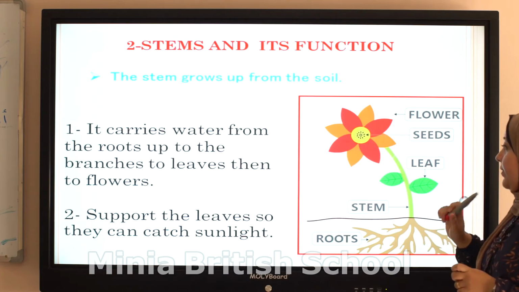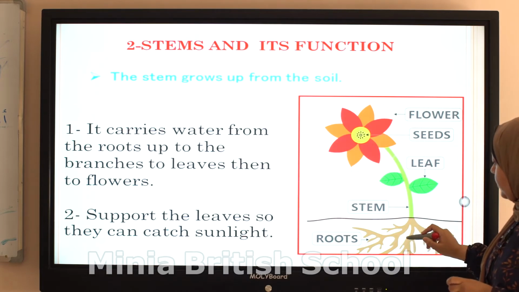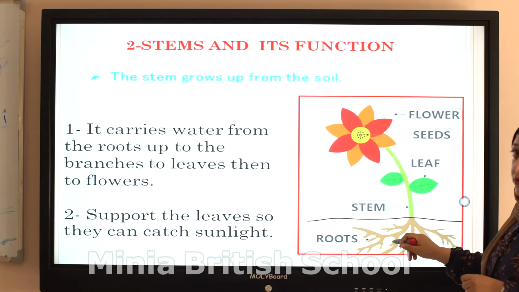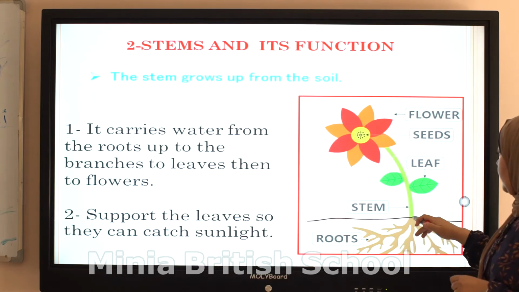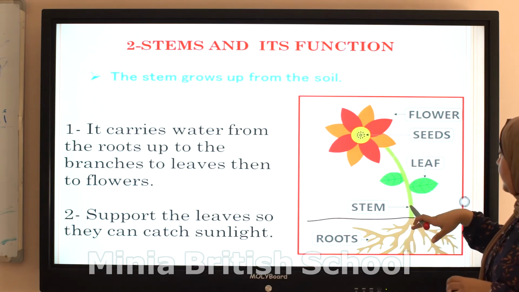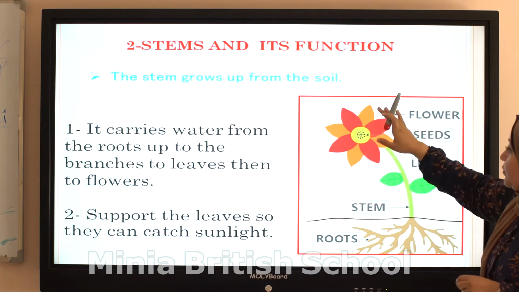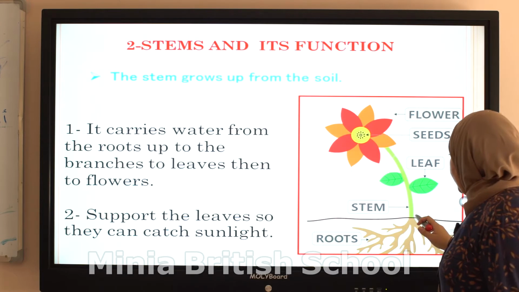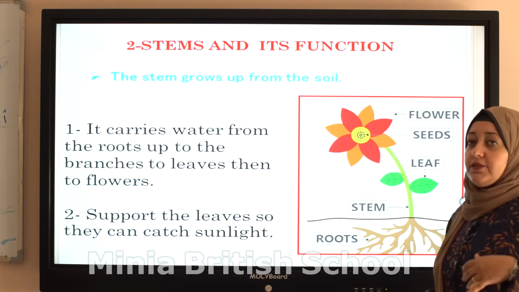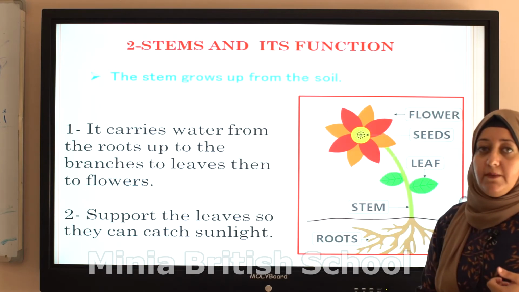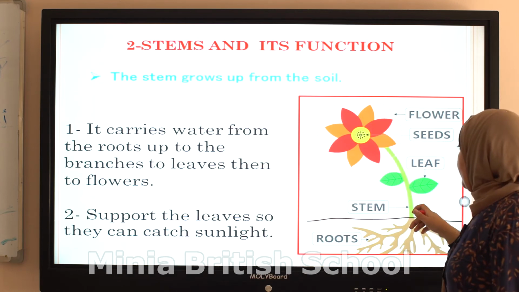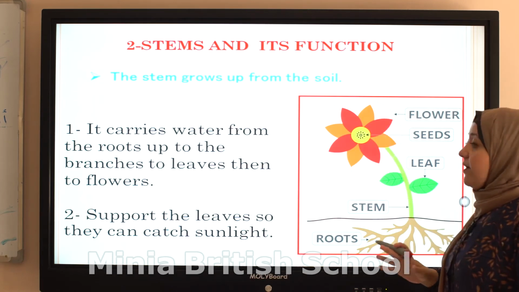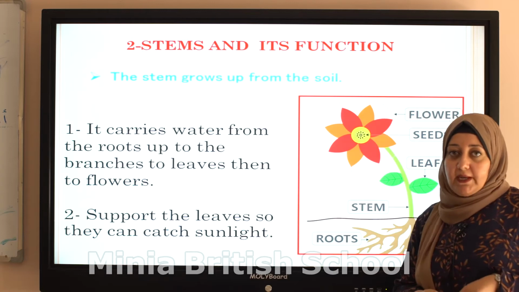So when the water goes up in the roots, how can this water go up to the other parts? This can happen by the stem. So the function of the stem is helping the water to go up in the parts of the plant.